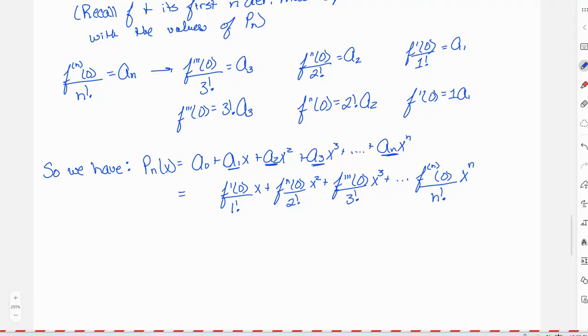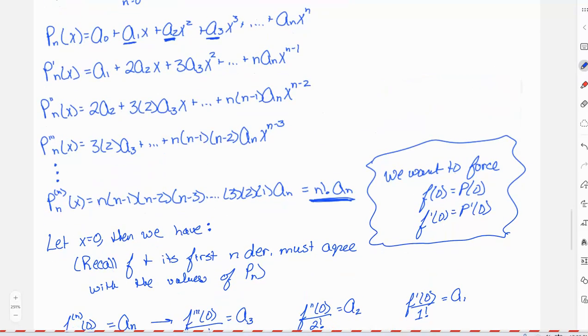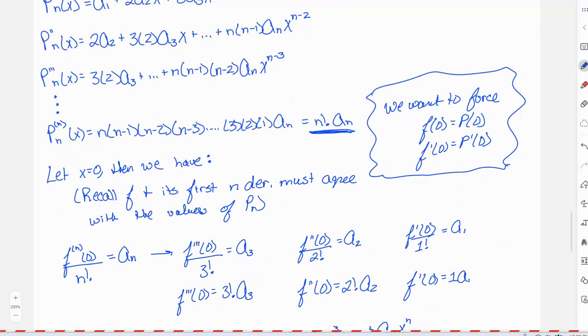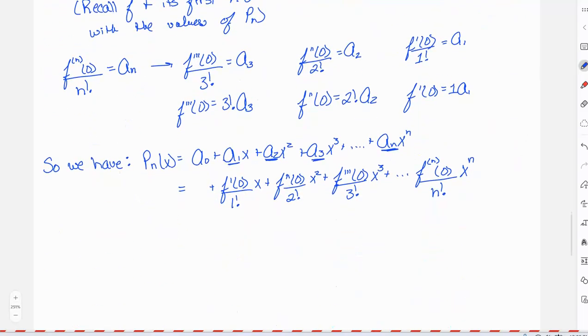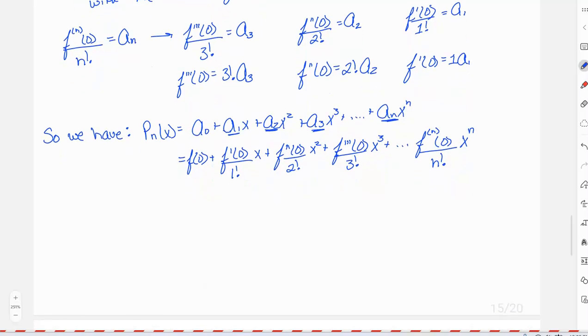So I've replaced those coefficients with their representation. We just got to figure out what a naught was. And if we think back to here, if we were forcing the function at 0 to be the same as that polynomial value of 0, then it would have to be what f of 0 is. So that's where our Maclaurin polynomial is coming from.